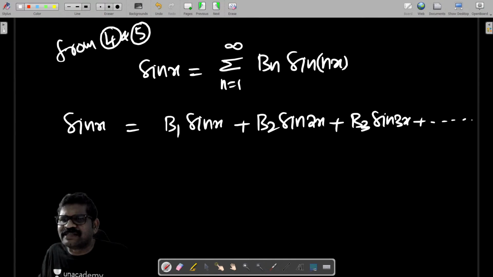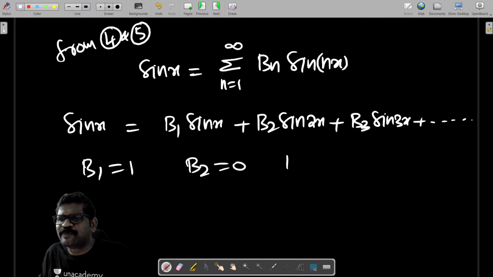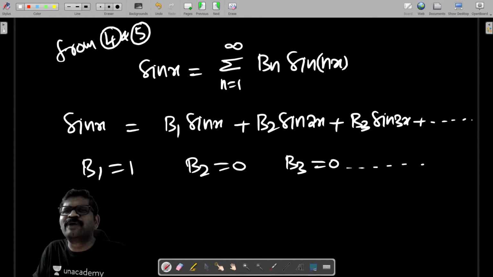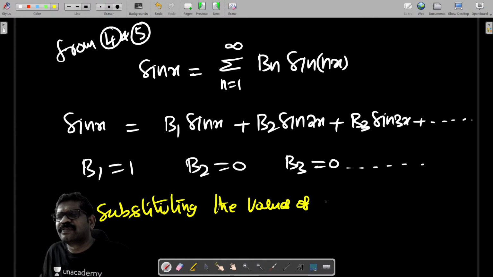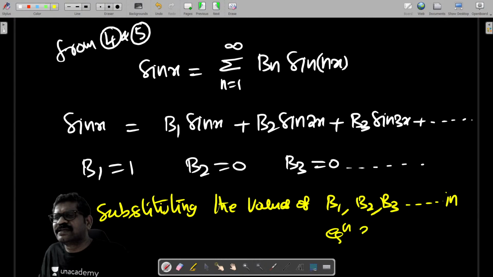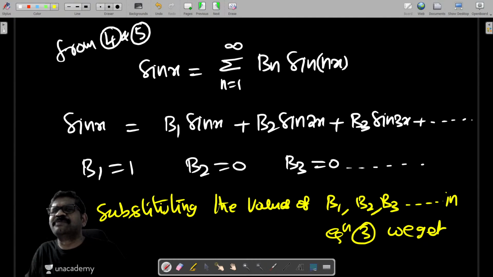Comparing LHS with RHS, you can understand that b1 is 1, b2 is 0, b3 is 0, remaining terms are all 0. Now what we have to do? Substituting the values of b1, b2, b3 and so on in equation 3, we get general solution of our differential equation.